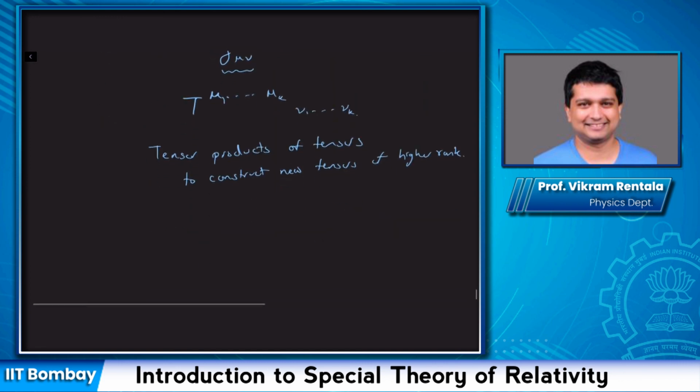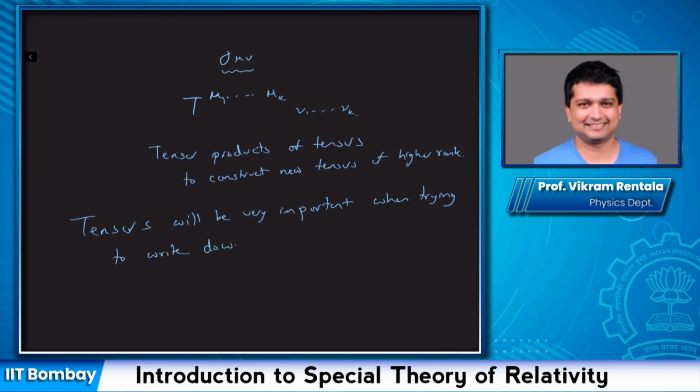Okay, now tensors will be very important when trying to write down any physical law, such as Newton's laws or Maxwell's equations, because if we can properly identify what combinations of objects transform as tensors of a particular rank, then we know the transformation properties of that collection of objects.